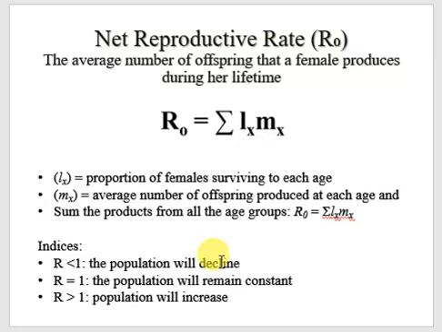The net reproductive rate for a set cohort. A cohort represents a sample, a sample of the true population that you're working in.